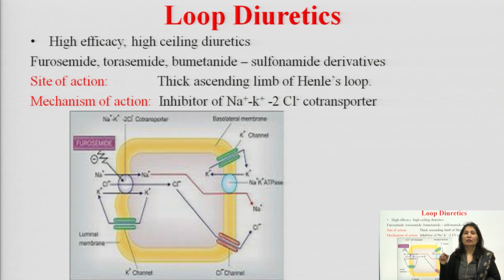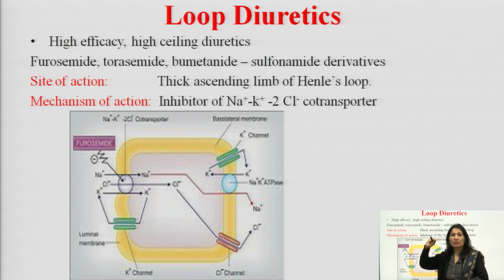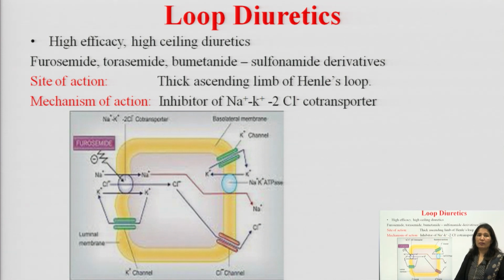They can cause diuresis up to 10 liters per day, so caution should be kept in mind that it may lead to dehydration. They are highly efficacious because they act on the site responsible for reabsorption of 25% of the sodium. Most reabsorption occurs at this site as compared to others.